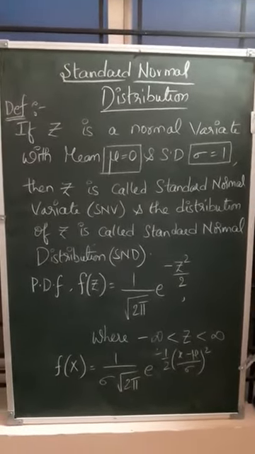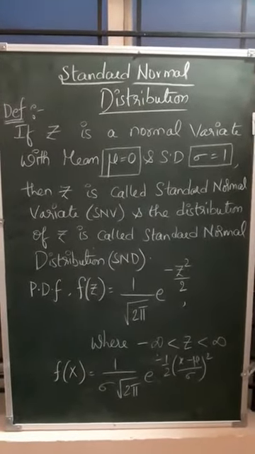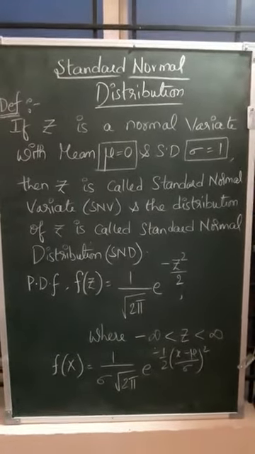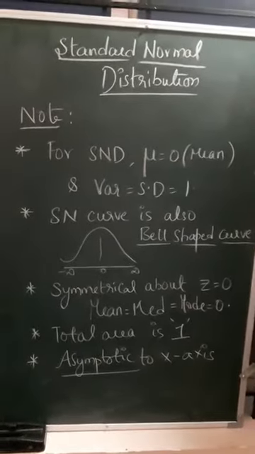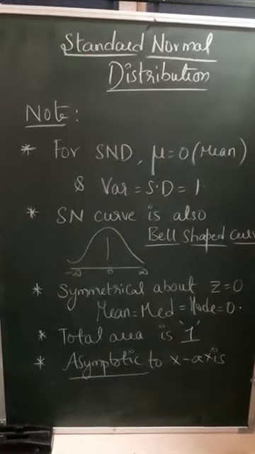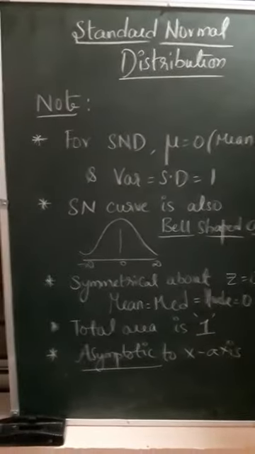See, to apply this standard normal variate, standard normal distribution, we have to follow some notes. So let us see those notes. Look at here. In a standard normal distribution, we have some notes, but we can call them properties also, properties of standard normal distribution.